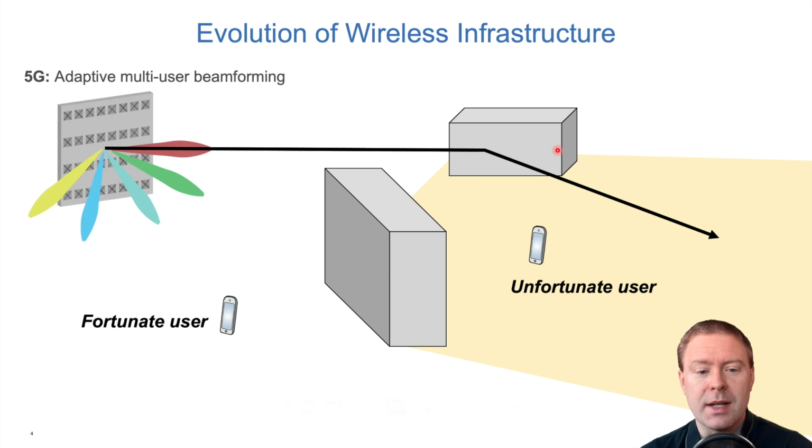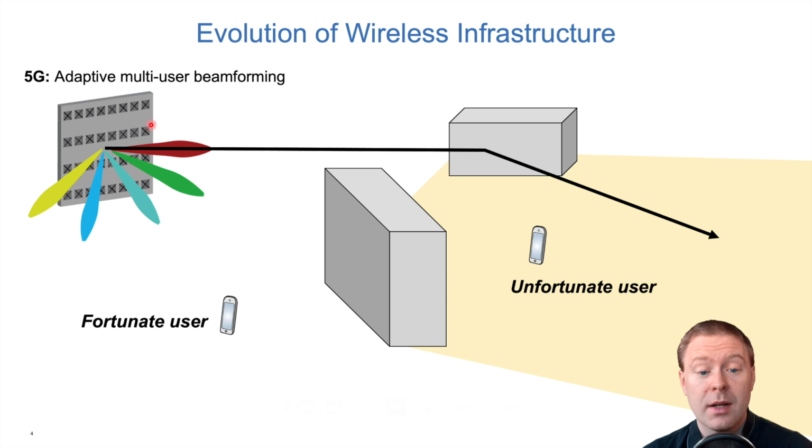Well, 5G is changing the type of base station that we're using. So instead of having a fixed beam, we have this antenna arrays that is called massive MIMO, where we are considering many low-gain antennas that can cooperate in order to form beams that are directive in different directions, instead of having just one fixed beam as before. So we can use it to both serve this fortunate user and this unfortunate user at the same time.